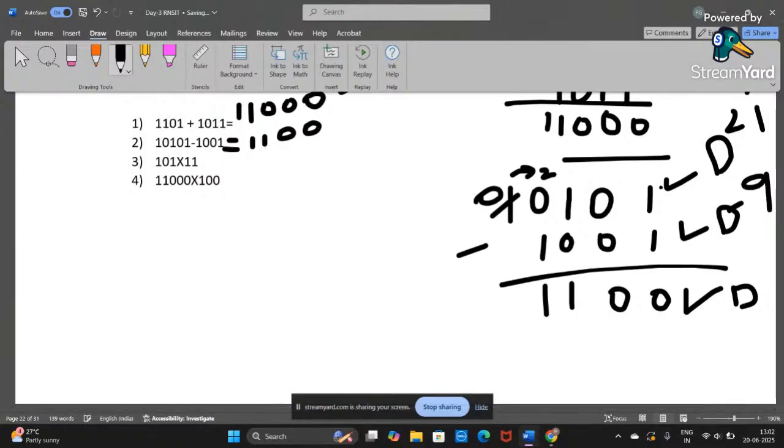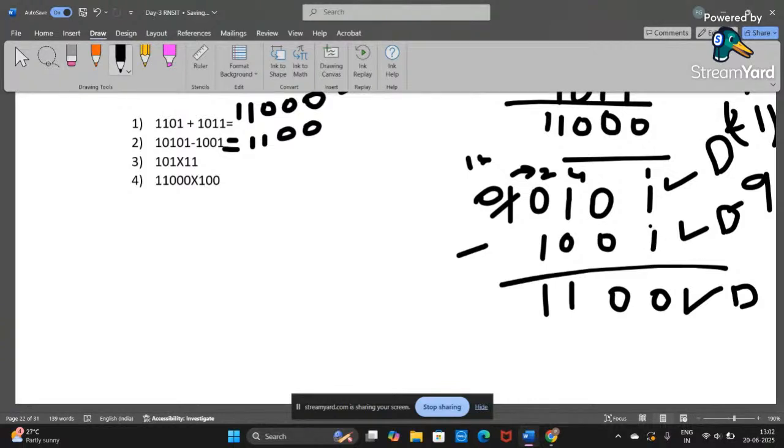See here, 2 power 0, 1 into 1, it is 1. Then 2 power 1, 2 power 2, here it is 4. And 2 power 4 is 16. So 16 plus 4 is 20, 20 plus 1, 21. When you're converting this binary to decimal, you will get 21.